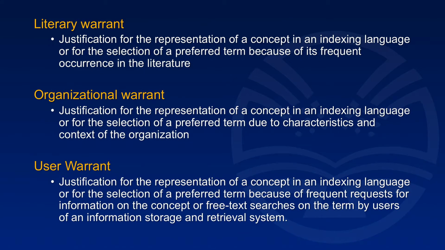The next is organizational warrant, the justification for the representation of a concept in an indexing language or for the selection of a preferred term due to characteristics and context of the organization. So how the organization expresses certain context, how they define each given area, and these are found within topic areas and outlines on websites and subject headings, along with topic sections within published books.